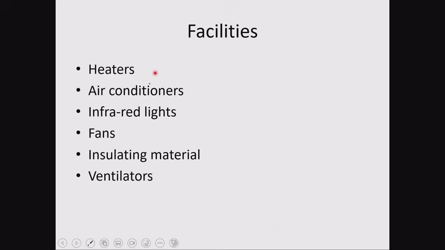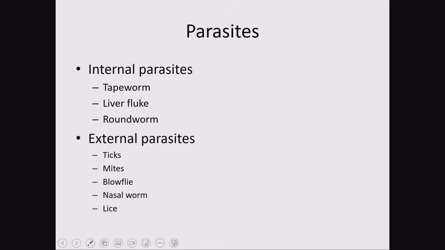One I highlighted here is heaters that are used to increase temperatures, air cons that are used to increase or lower temperatures, and infrared lights that are used to provide heat for the animals. We also have fans that are used to cool down the temperature, insulating material that is used to increase temperature, and ventilators are also used in temperature regulation in the housing of animals.